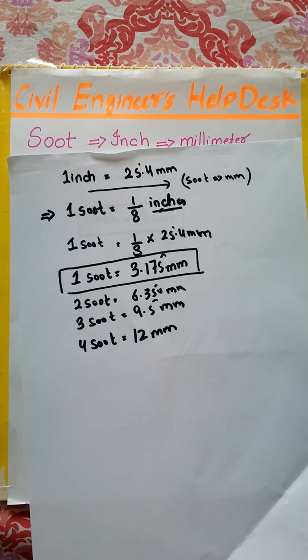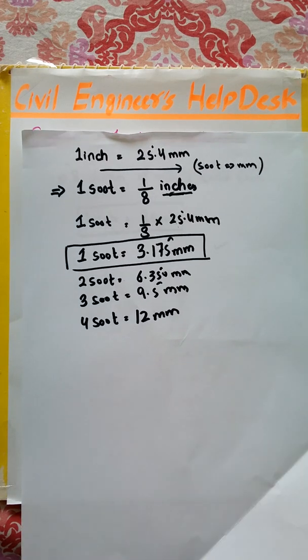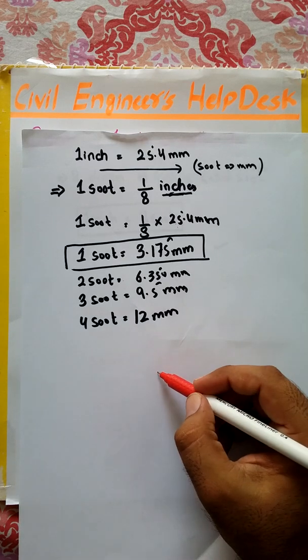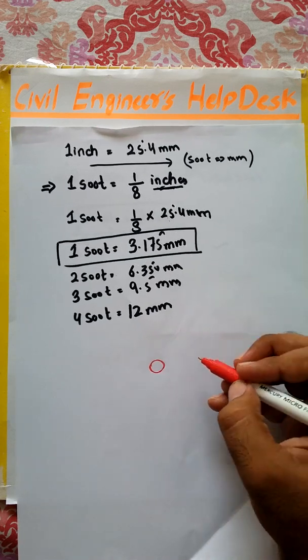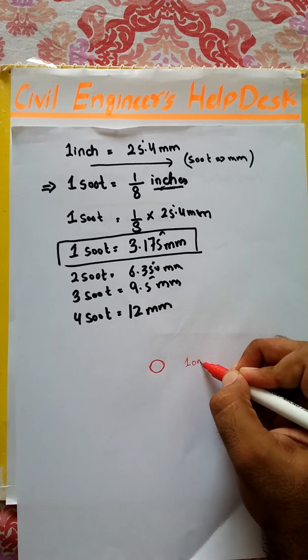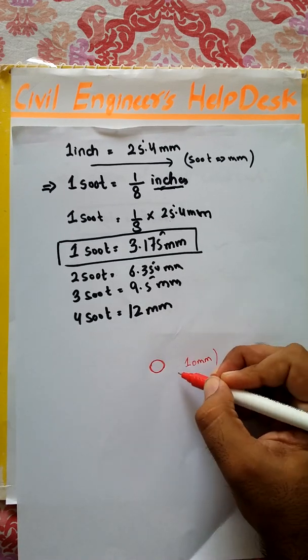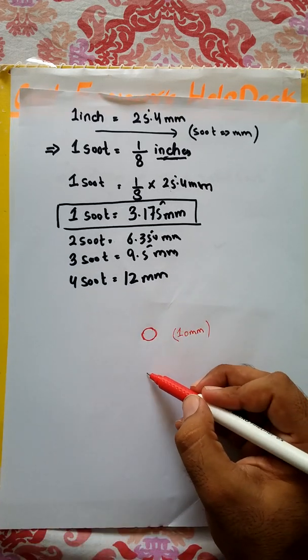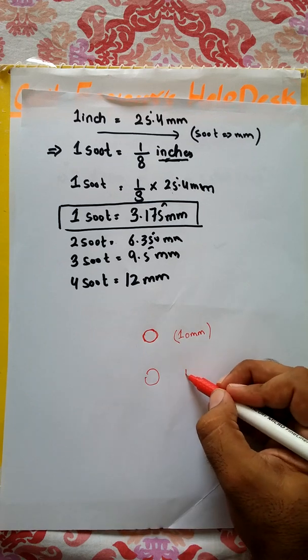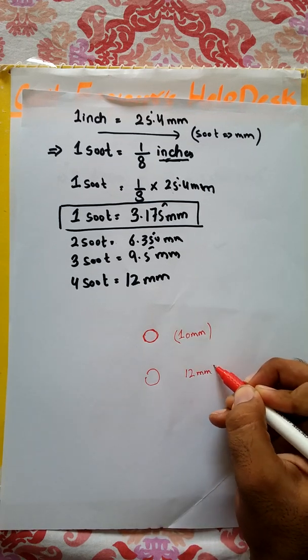Viewers, if you are cutting steel and you have a bar of 10 millimeter dia, and another bar of 12 mm dia.